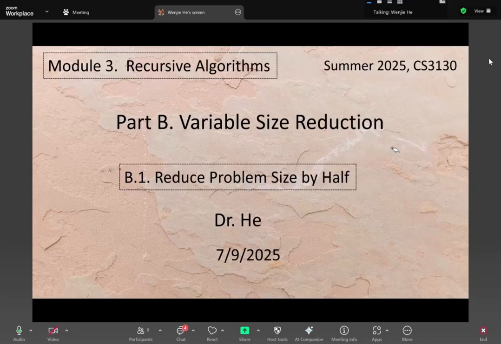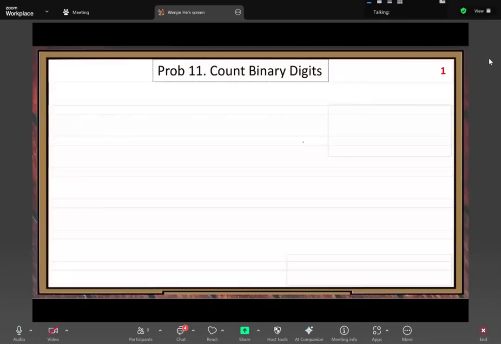So variable size reduction. Sometimes smaller, sometimes larger. B.1, reduce problem size by half. That's a relatively big reduction. Size number by half.